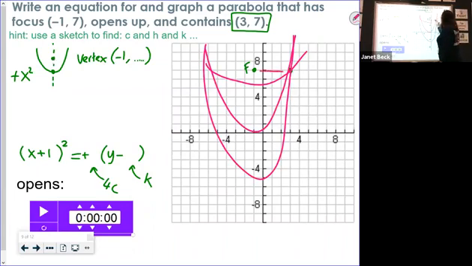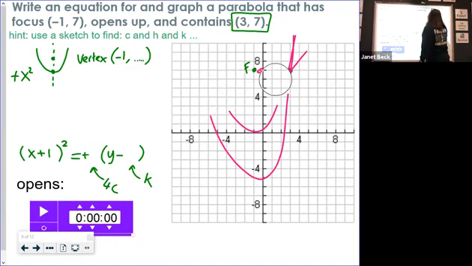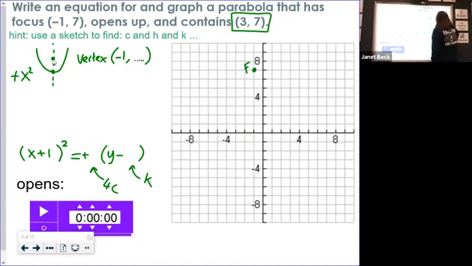That literally has told me how wide my parabola is. The width of the parabola is called the latus rectum, and that gives me 4c. So this itself is a distance of 1, 2, 3, 4.